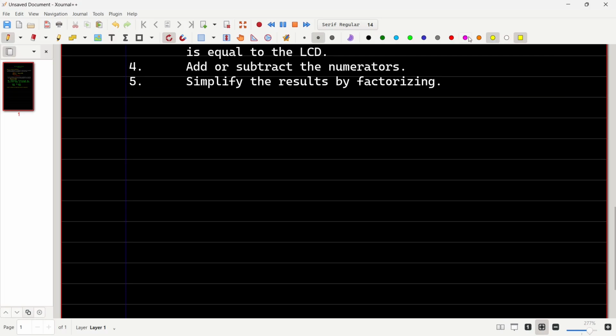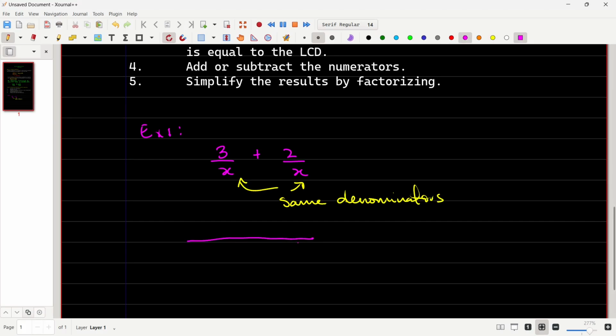All right, so we'll start off with the first example, example 1. And example 1 is 3 over x plus 2 over x. Now we can notice that we have the same denominators. So in this case, I don't need to worry about anything. I can just simply put that lowest common denominator here and then simply put back 3 plus 2.